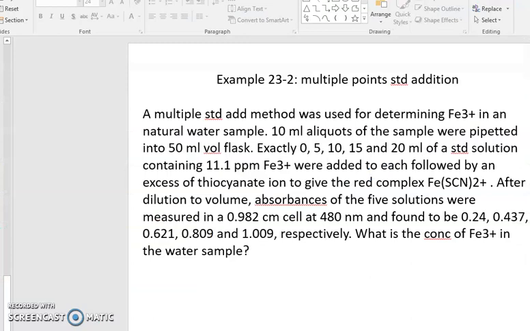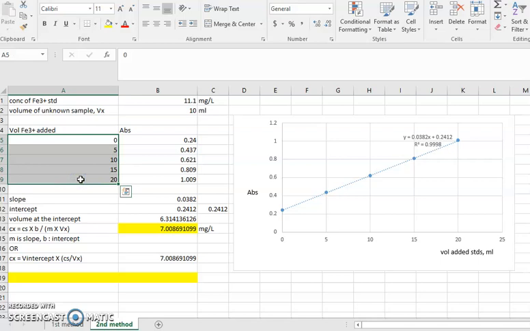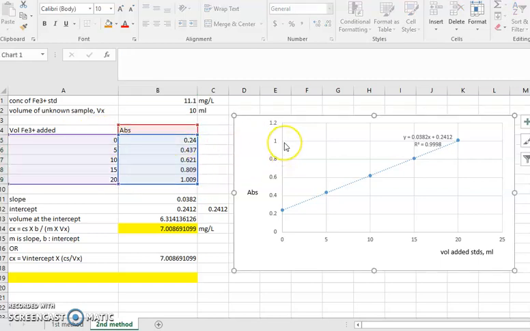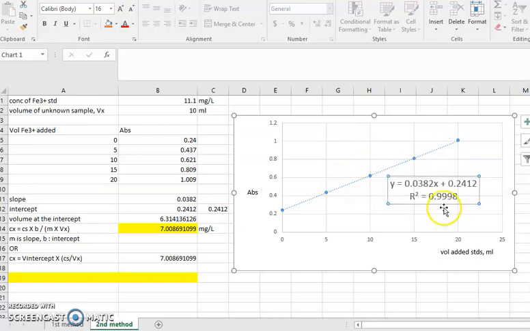From the data here, we put in all the required units, for example in the preparation of the standard, the added standard volume and then their corresponding measured absorbance. Then you plot the calibration curve, and from the format trendline, you can display automatically the equation and also its correlation coefficient value.